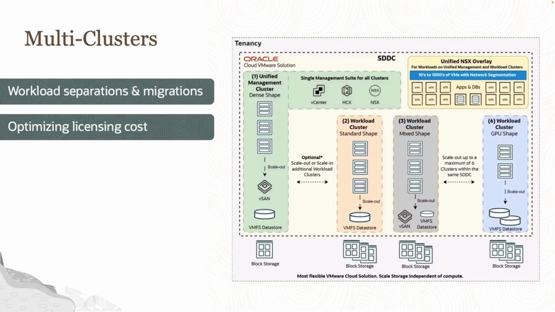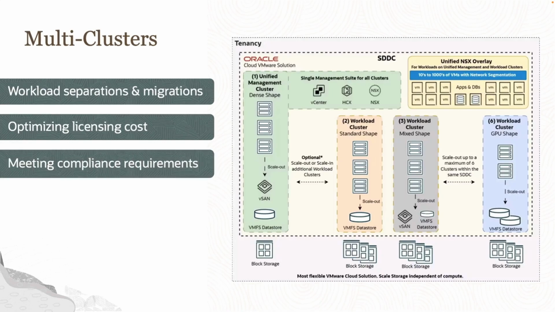For example, you can create a dedicated cluster for your database workloads and license only the cores that you need. Some compliance regulations require certain types of workloads to be isolated from other workloads. Multi-cluster SDDC can help you to meet these compliance requirements.